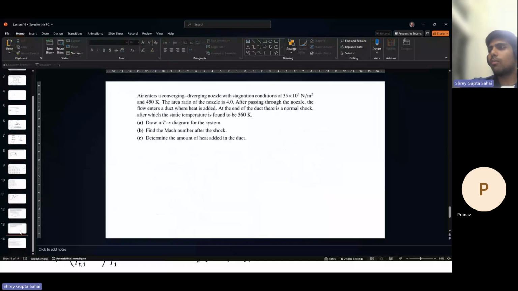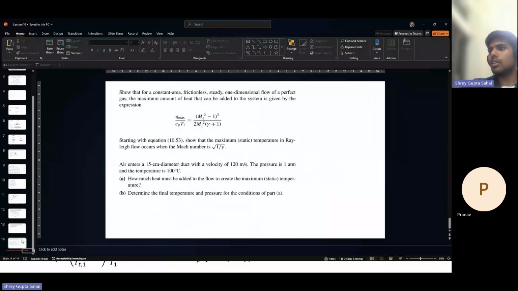There is a small problem also on this same thing. Yeah, this one. So air enters at a given velocity and there is a static temperature and pressure given to you. You are asked how much heat must be given to create the maximum temperature. So this velocity corresponds to a Mach number of 0.3.